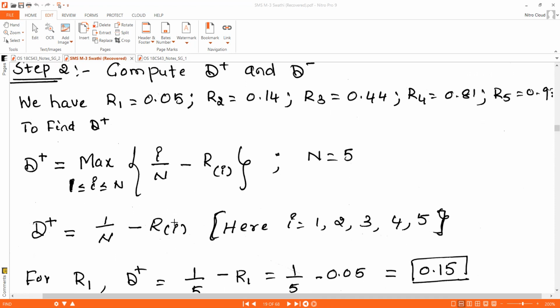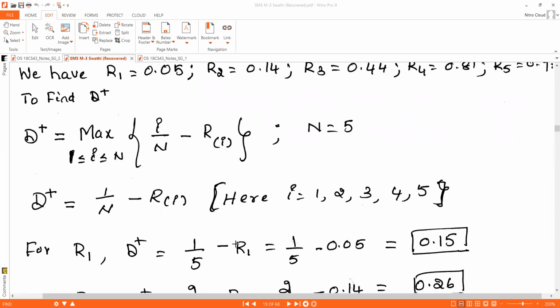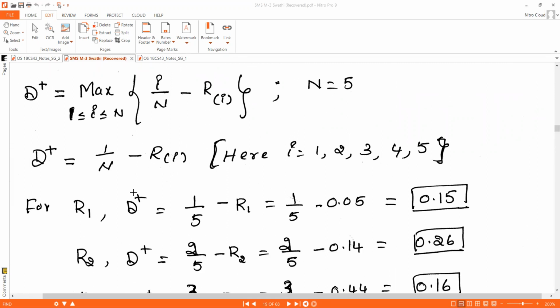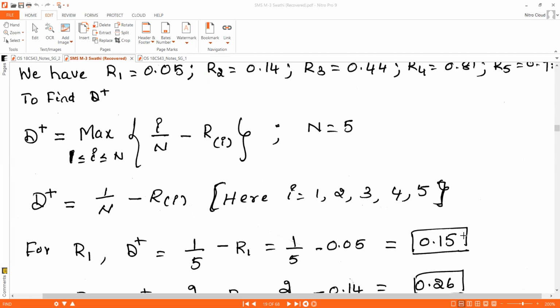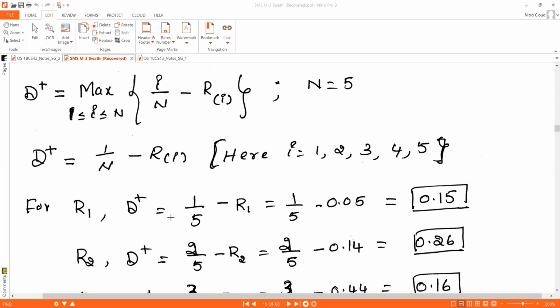So for i equal to 1, D plus is equal to 1 by 5 minus R1. What is the R1 value? R1 value is 0.05, the first random number after arranging into ascending order. 1 by 5 minus 0.05, we will get 0.15. That is the D plus value.